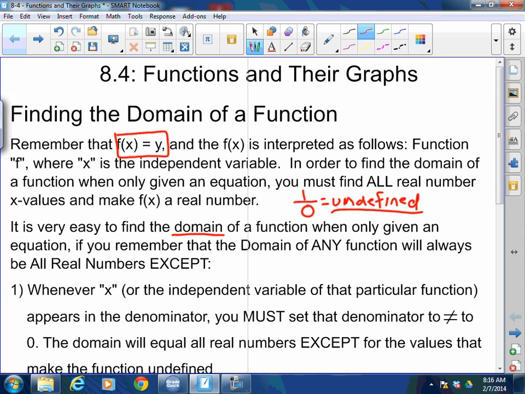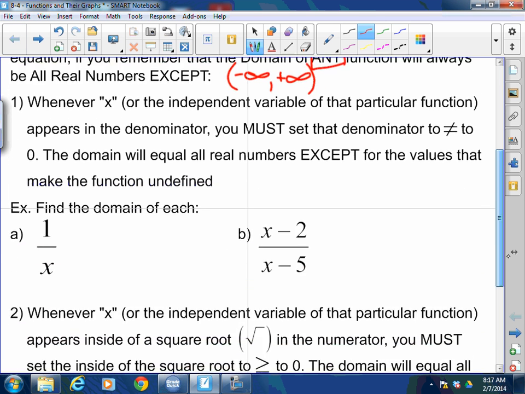I was already preparing you for this part right here, finding the domain of a function when you're given an equation, okay? So it is very easy to find the domain of a function when given an equation if you remember, please remember, the domain of any function will always be all real numbers, which of course is denoted, because we know how to do interval notation, except there are 3 exceptions, my friends.